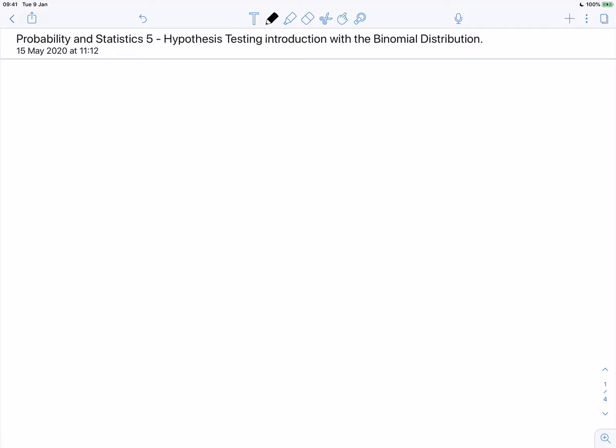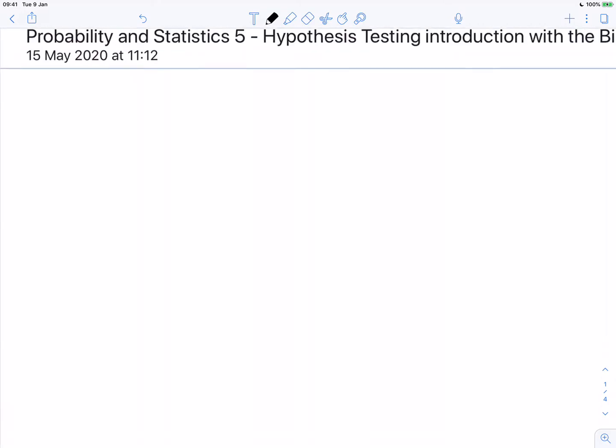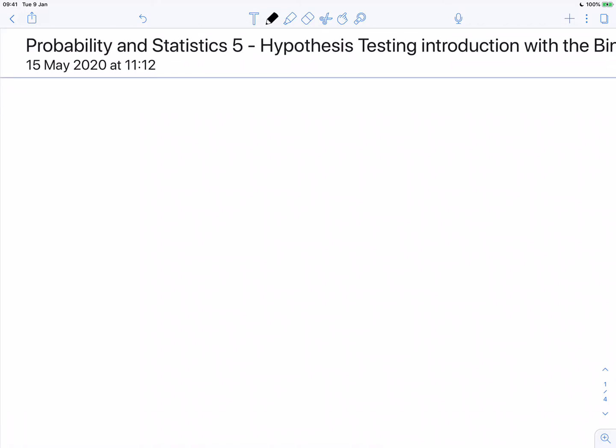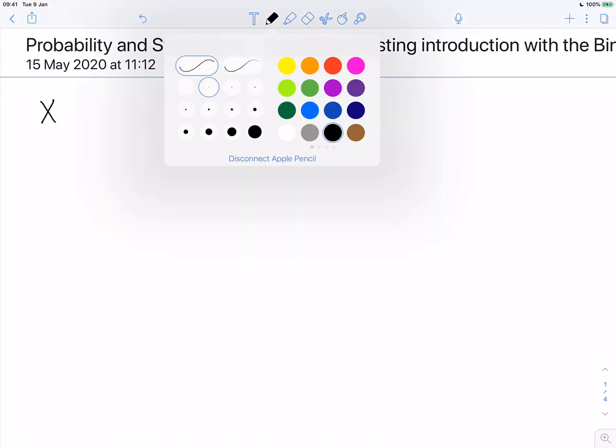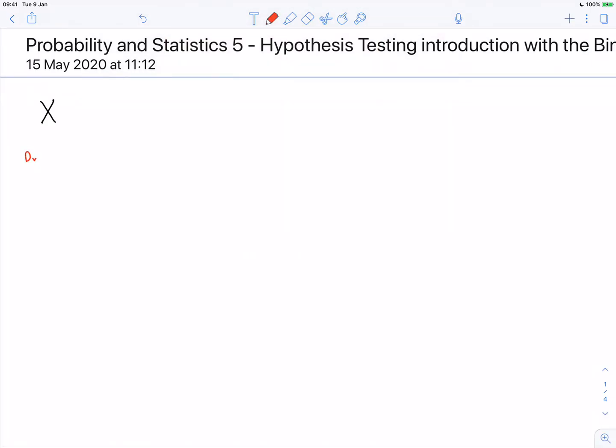Today we're going to introduce hypothesis testing by means of the binomial distribution. First of all, let's remind ourselves what the binomial distribution is. A random variable x, which by the way is discrete, i.e. has packaged outcomes, for example 1, 2, 3 and so on.